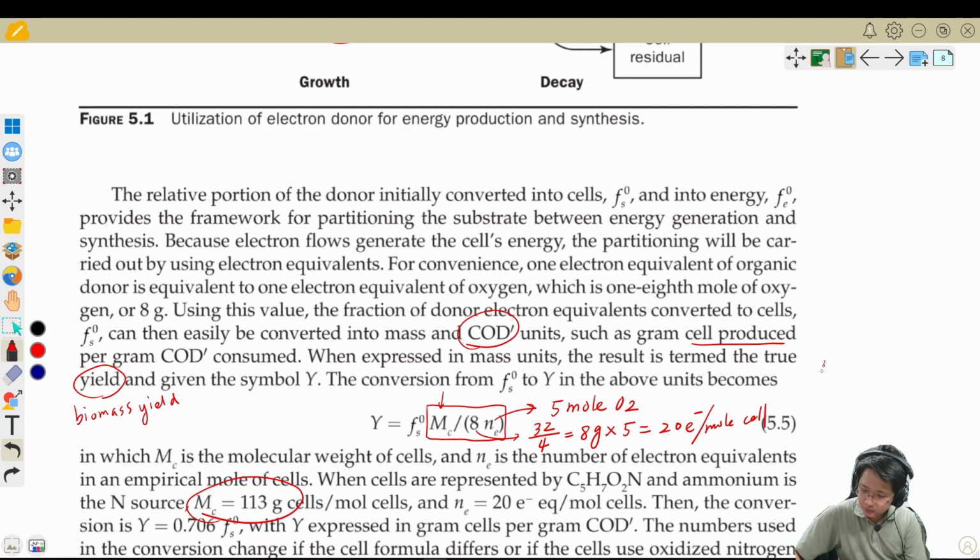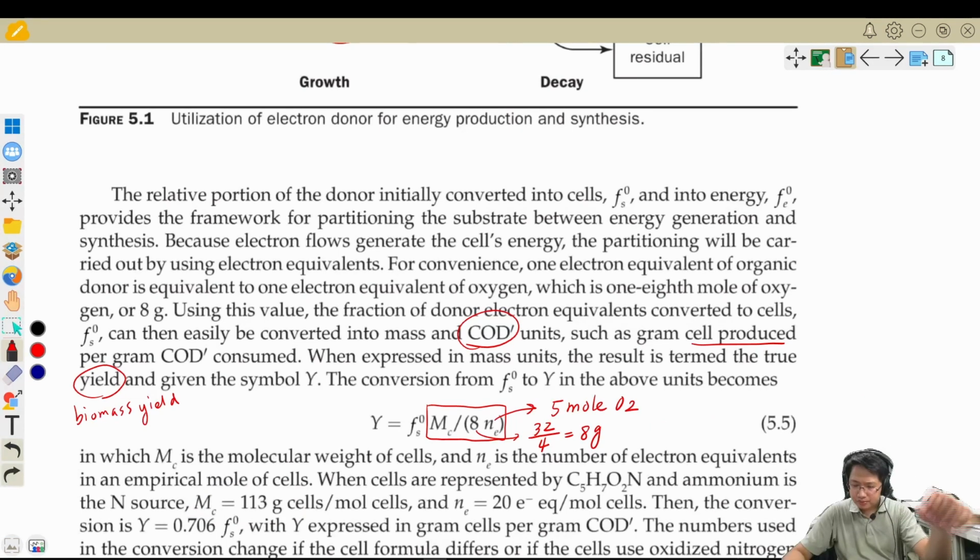So we divide the 113 by 8 times 20 here. So we will get... okay. The Ne is equal to the 5 moles of oxygen consumed, and per mole of oxygen consumed requires 4 electrons converted.